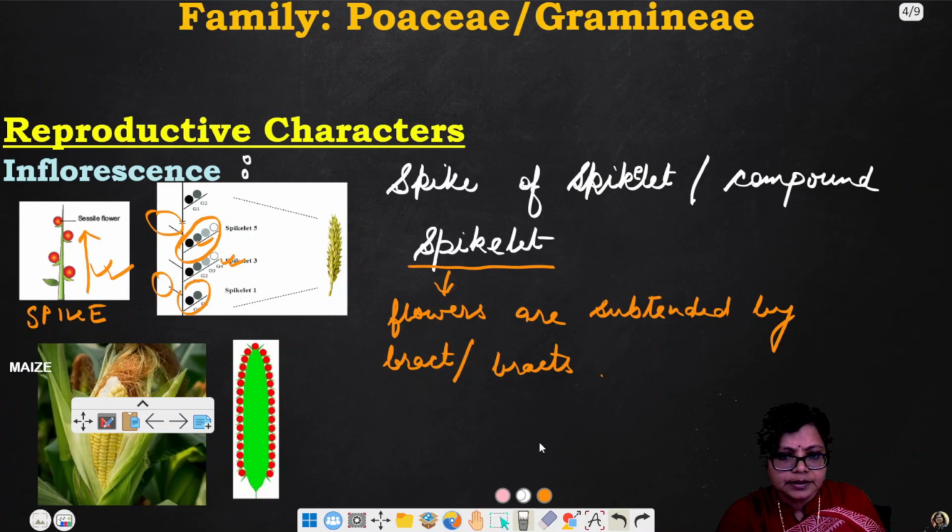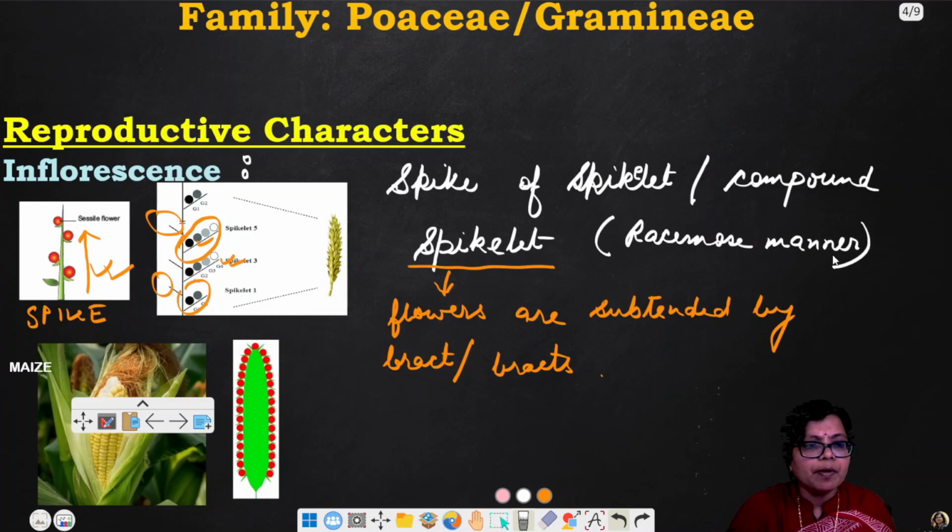So that is racemose manner. Compound spikelet because many spikelets develop on the axis. That's why it is considered as compound spikelet. But there are some exceptions.